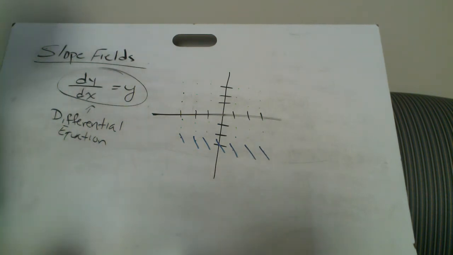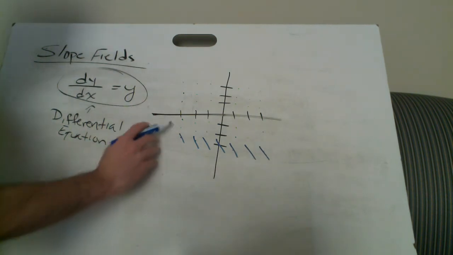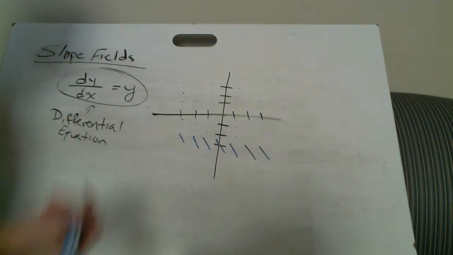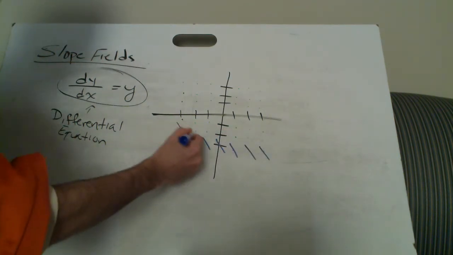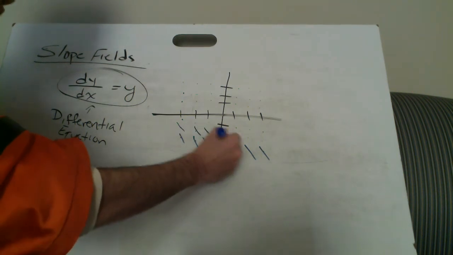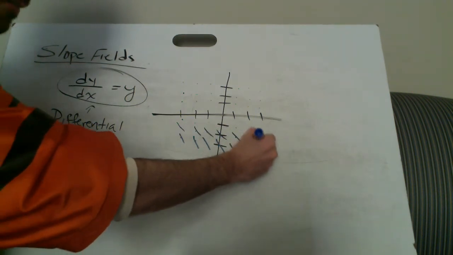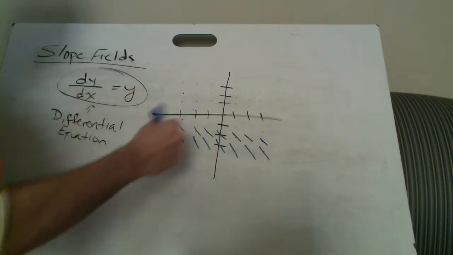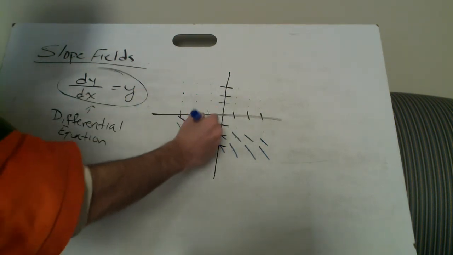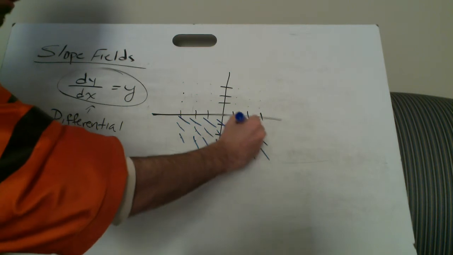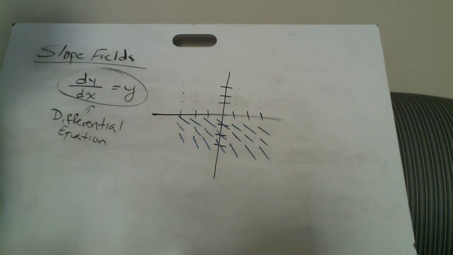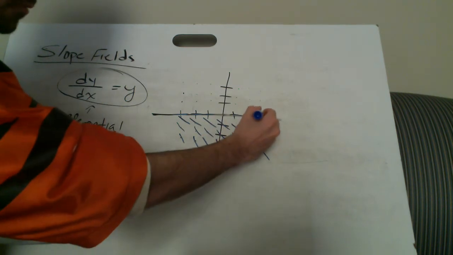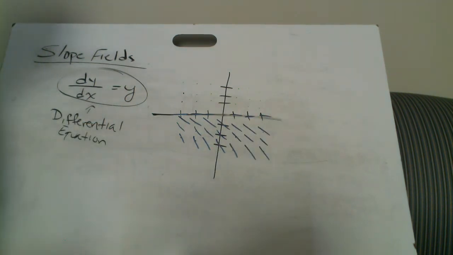As we move up, this line has a y-coordinate of -2, so still quite steep and still negative, but maybe not quite as steep as we were at -3. And then, oh look, y is -1, so now it's even less steep. Right on the x-axis, we have a slope of 0.